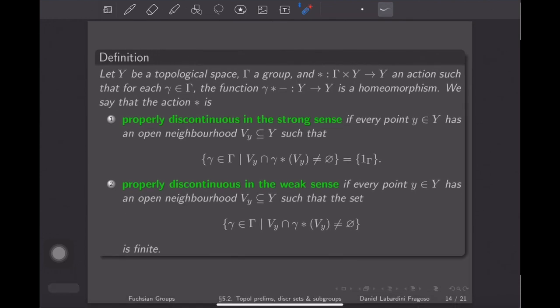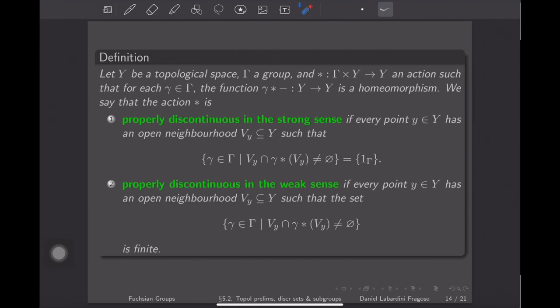Just a reminder: if I have a topological space and a group that acts on that topological space by homeomorphisms, and by that I mean that each element acts on Y by a homeomorphism. So the action by gamma, by the corresponding lowercase gamma, is a homeomorphism of the space.